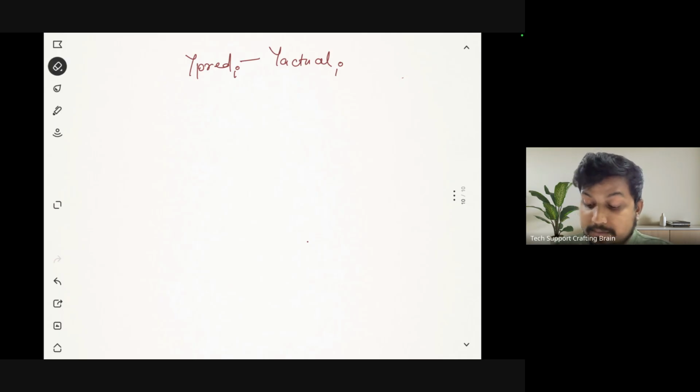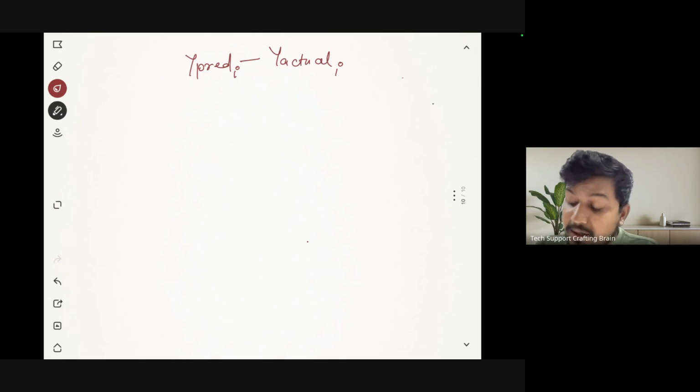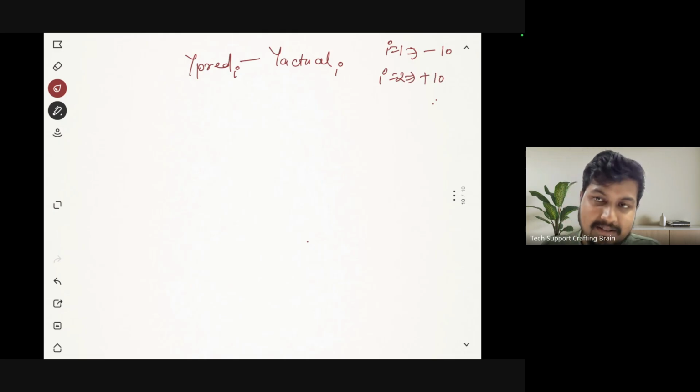For example, for i equal to 1, the first data point, we got the error -10. And for i equal to 2, the second data point, we got the error +10.